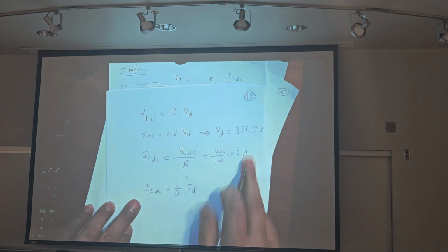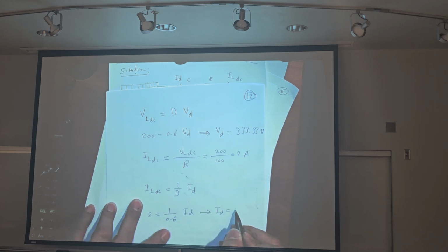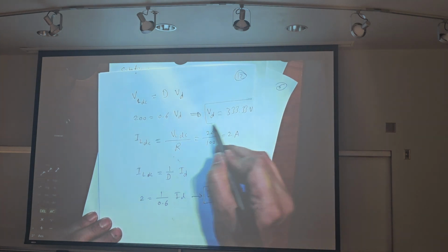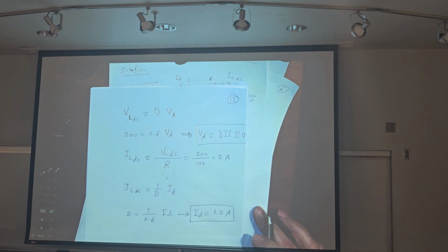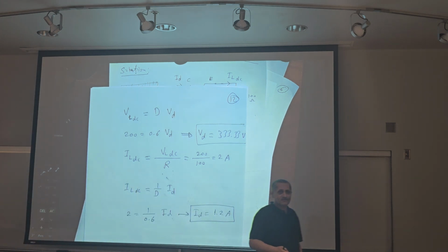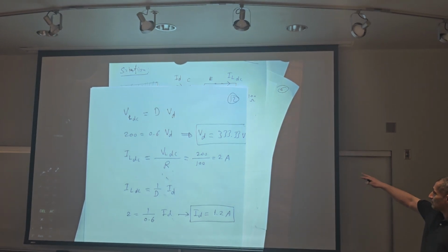We have I load DC 2 ampere, 1 over 0.6 ID, so ID equals 1.2 ampere. So now we need a solar cell to generate just 1.2 ampere, but the voltage is 333.33.